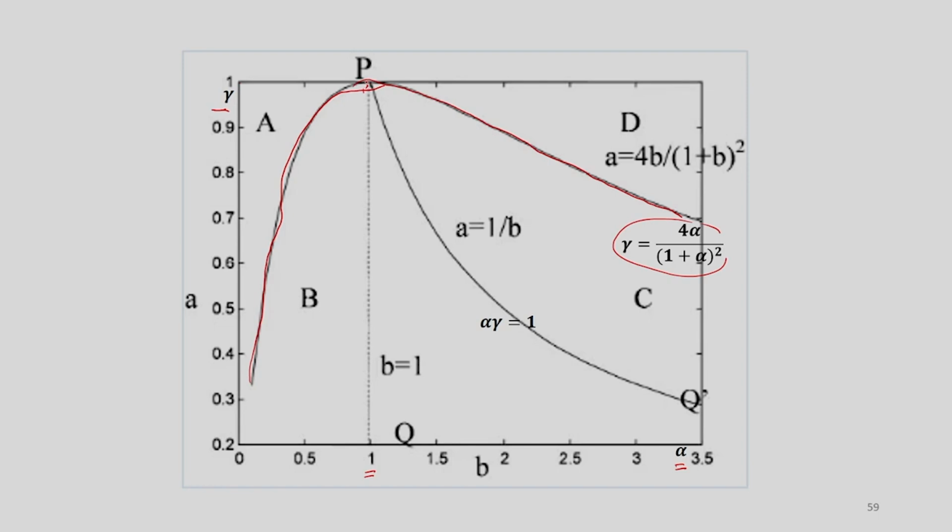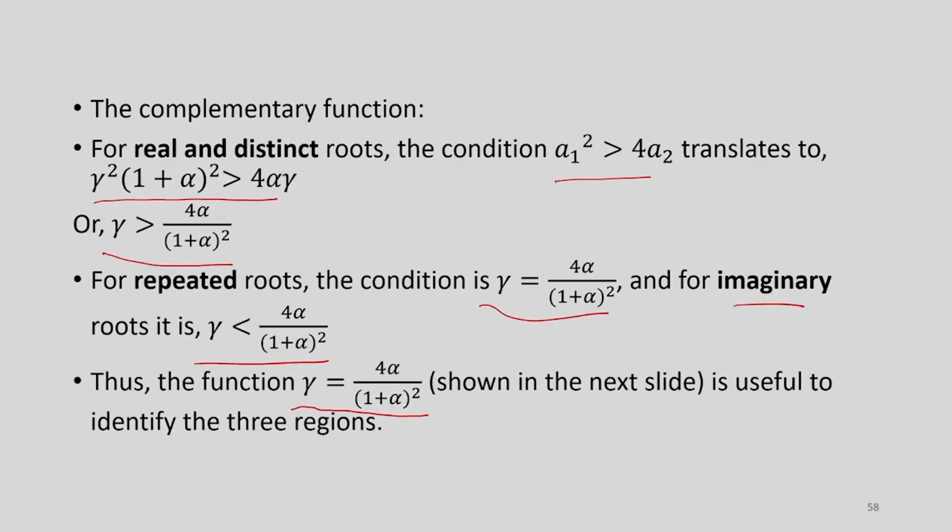As we have just seen that there are three regions here, one is above this function, so that is A and D, right, A and D. So, at A and D you have gamma is strictly greater than 4 alpha divided by 1 plus alpha whole square, right. So, this is the case of real and distinct roots, okay, this relation.